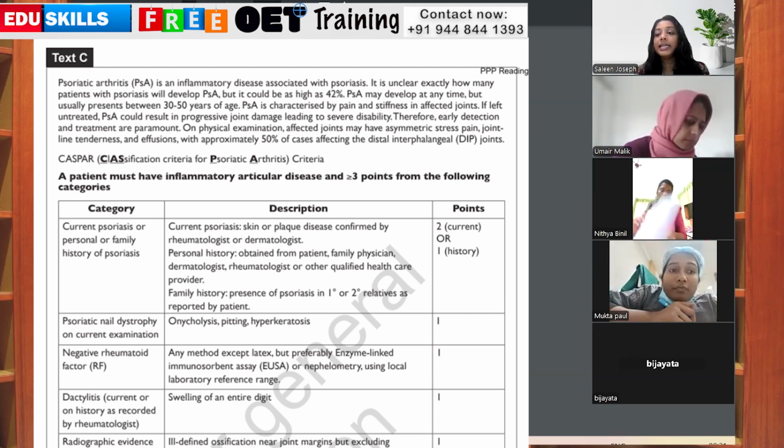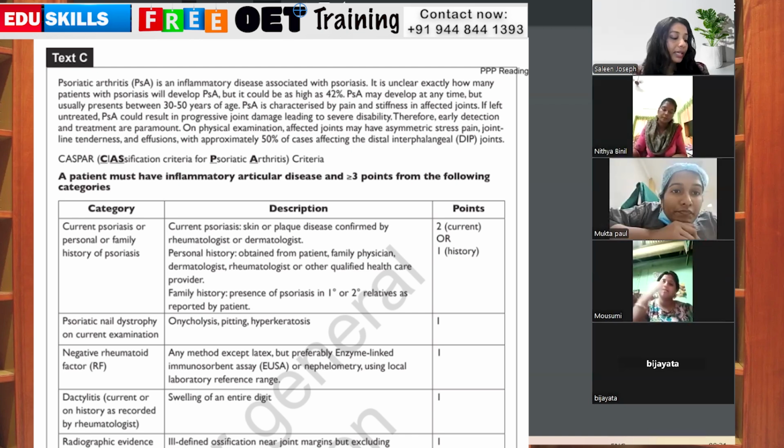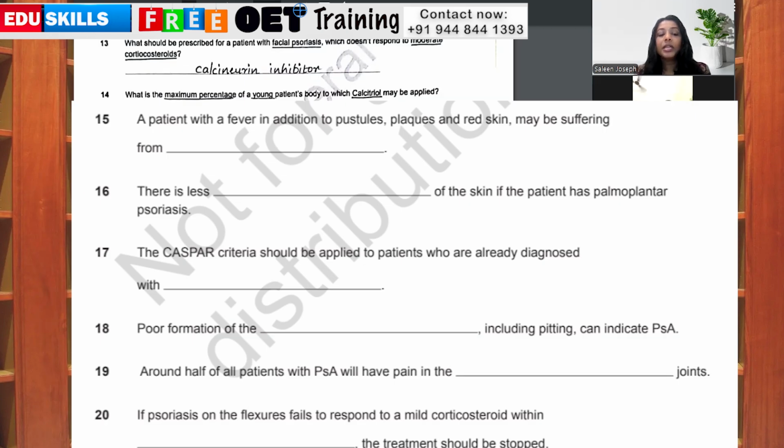So what is nail dystrophy? The abnormality of the nail on current examination. And in the other column, the description, they have mentioned onycholysis and hyperkeratosis, then pitting. So your answer is poor formation of the nail.